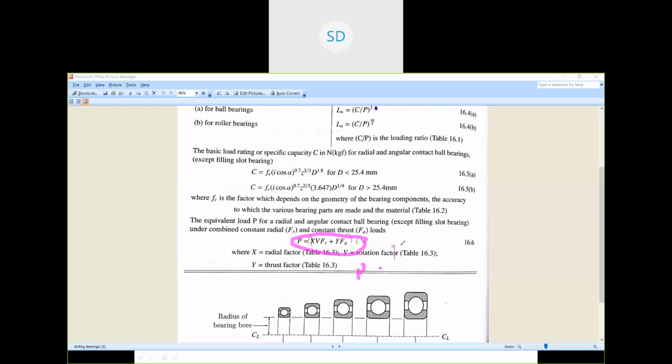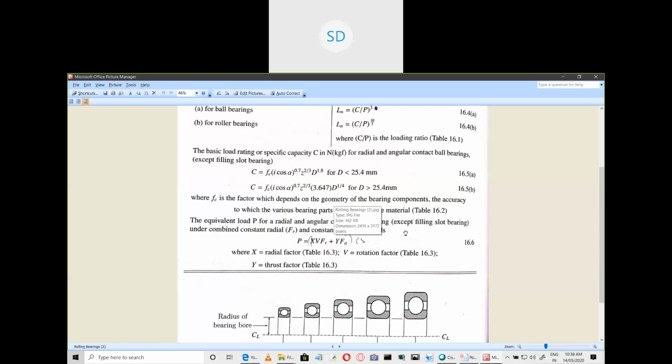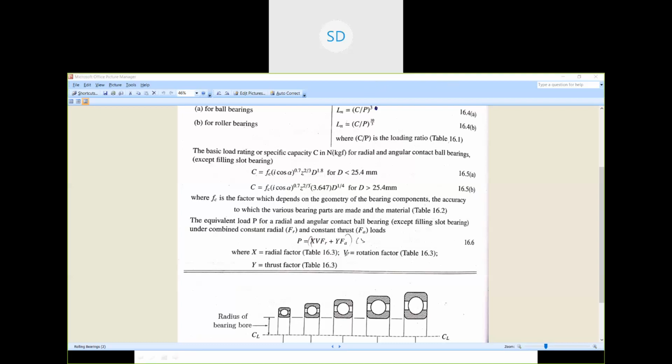Now P equals, in brackets, XVFR plus YFA.